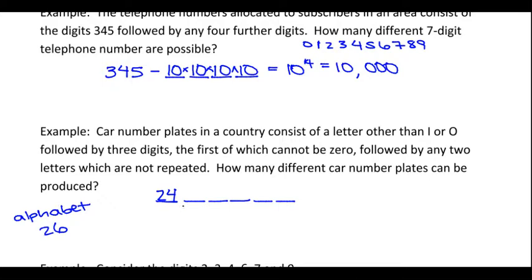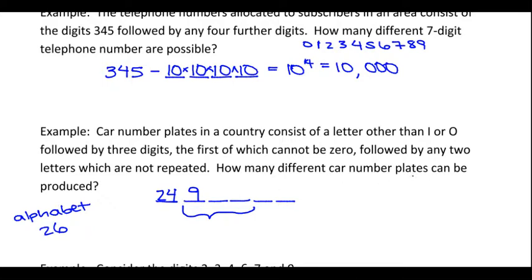Next, it says it's followed by 3 digits, the first of which cannot be 0. So if the first digit can't be 0, remember there are 10 digits to choose from, so minus the one that's 0, that leaves us with 9 possible options. And then followed by any 2 letters which are not repeated.